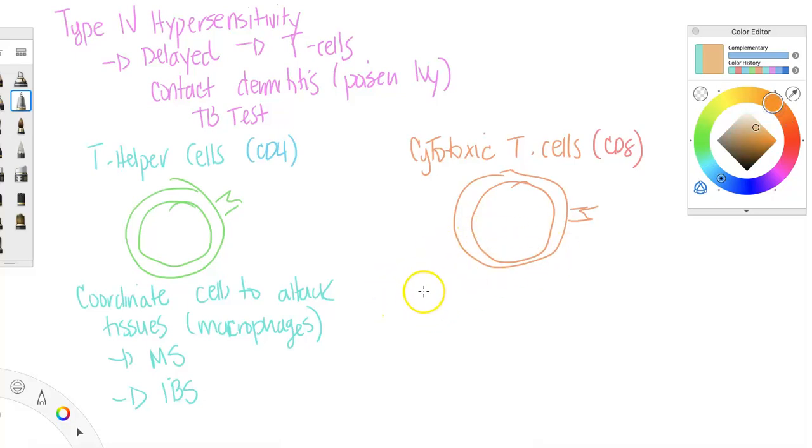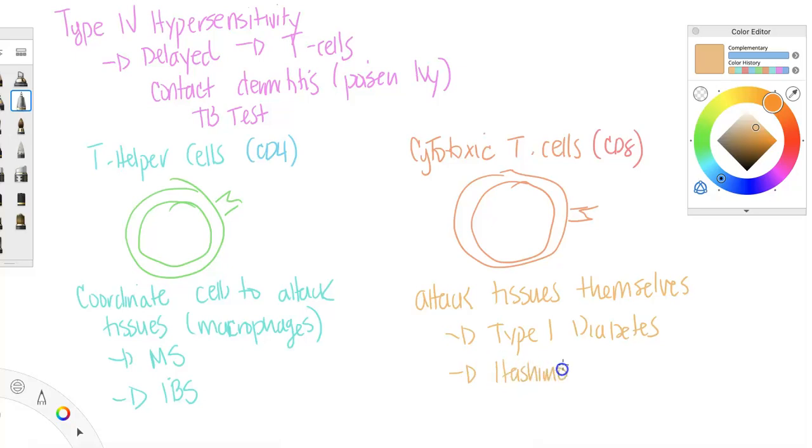Cytotoxic T cells, these are attackers, so they attack tissues themselves. So we're talking about type 1 diabetes, Hashimoto's disease, Hashimoto's thyroiditis, I think.